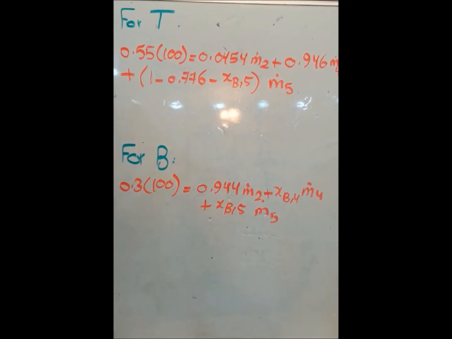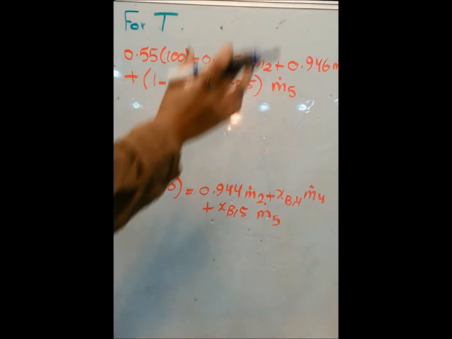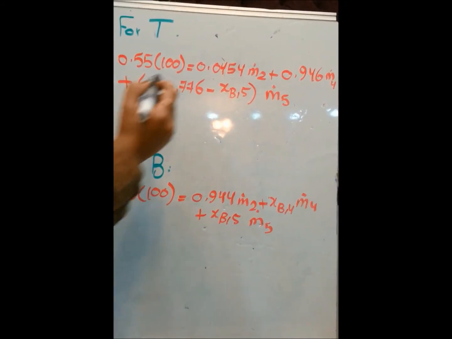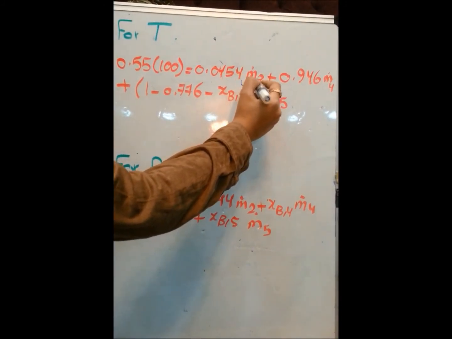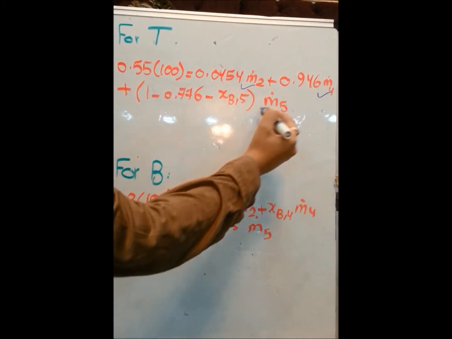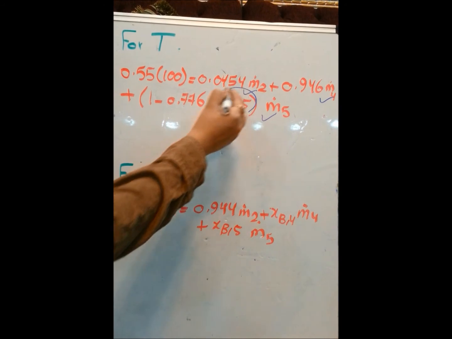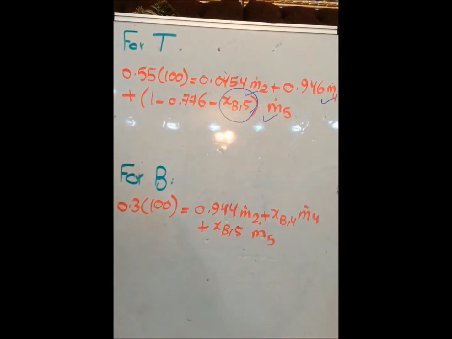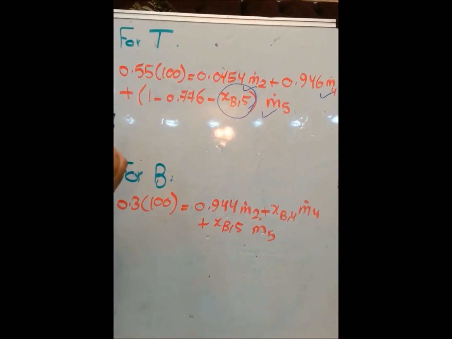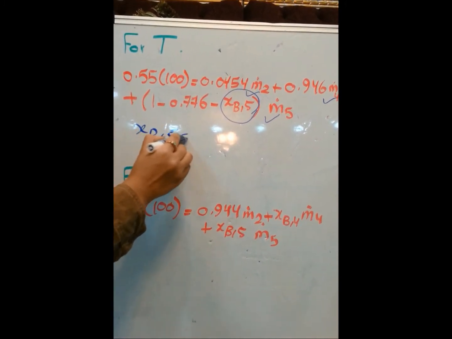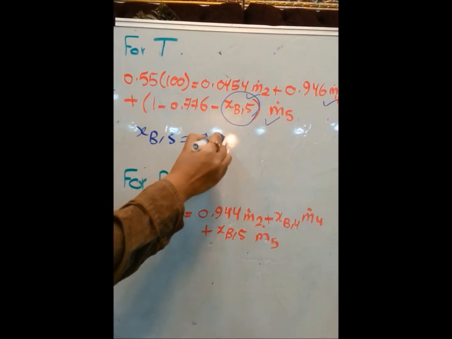So for the toluene, the component mass balance equals that equation. We know the mass flow rates of stream 2, stream 4 and stream 5, so our only unknown is the composition of the benzene in the fifth stream, which after calculation we find equals 0.051.